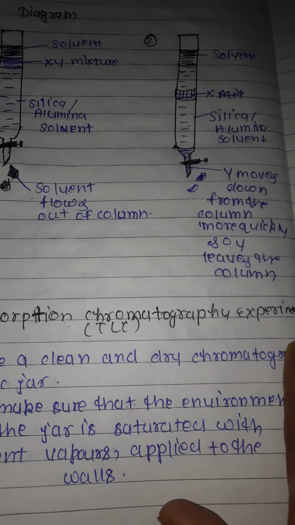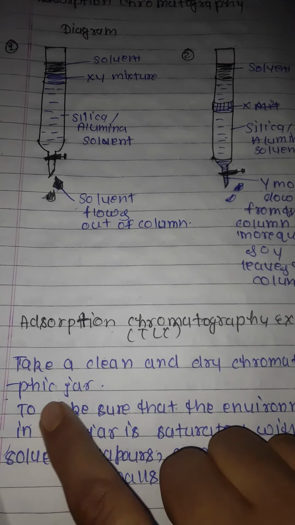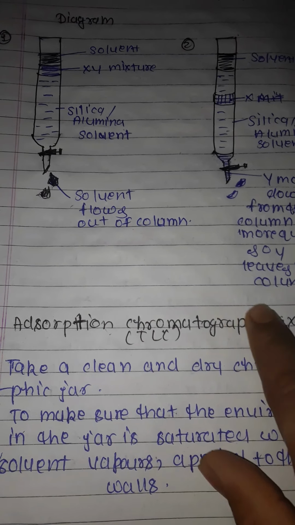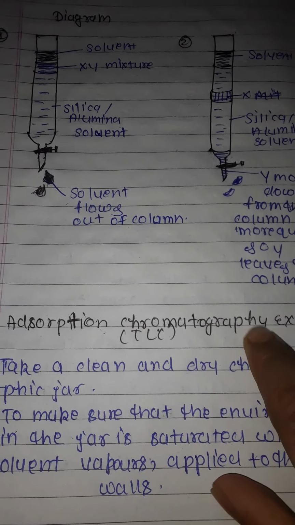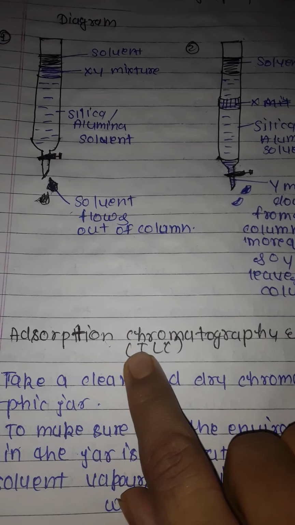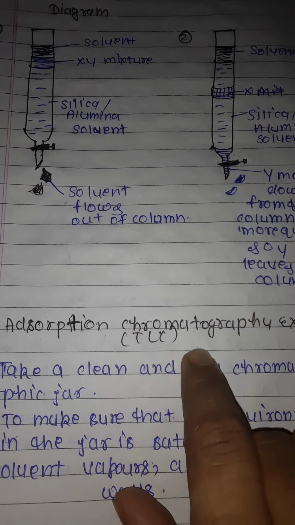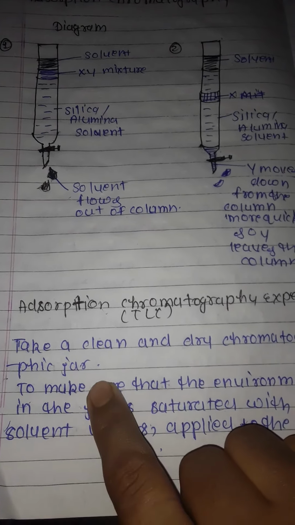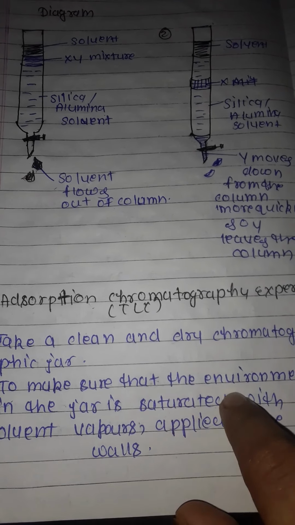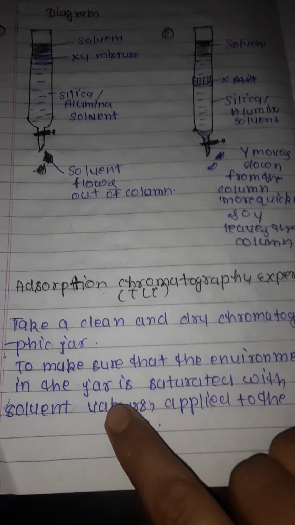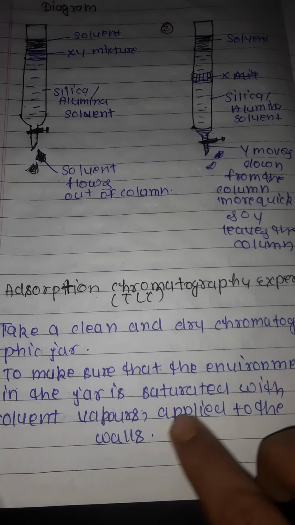Now the adsorption chromatography experiment, the whole process, taking TLC as the example. Take a clean and dry chromatographic jar, and make sure the environment in the jar is saturated with solvent vapors applied to the walls.